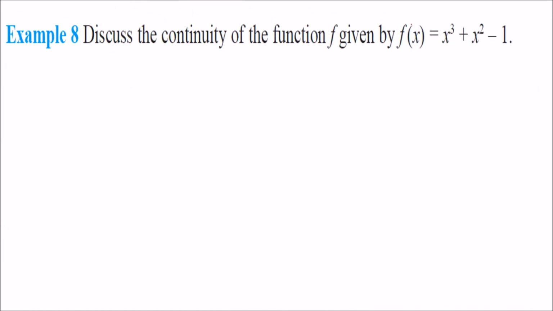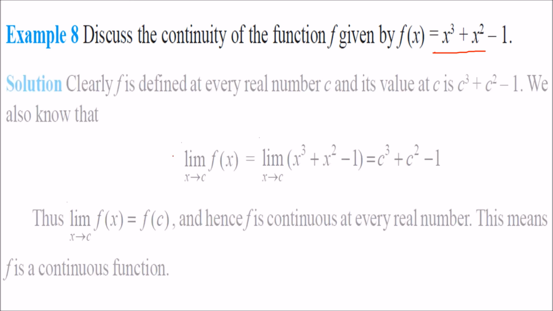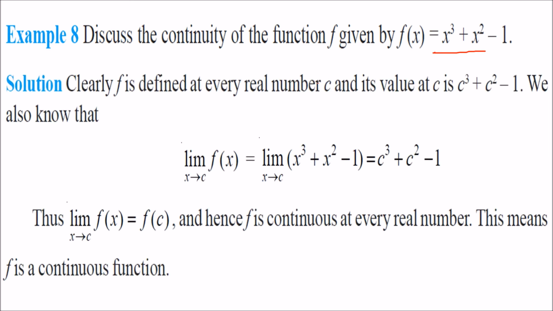Discuss the continuity of this function. This is a polynomial function. So f is clearly defined for every real number. Say we take c. If we place c here, it will be c cube plus c square minus 1. So we know that if you apply the limit x tends to c, this will be c cube plus c square minus 1. So the limit also says it will be this.